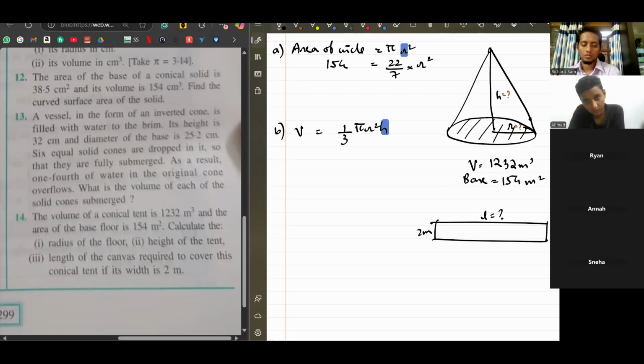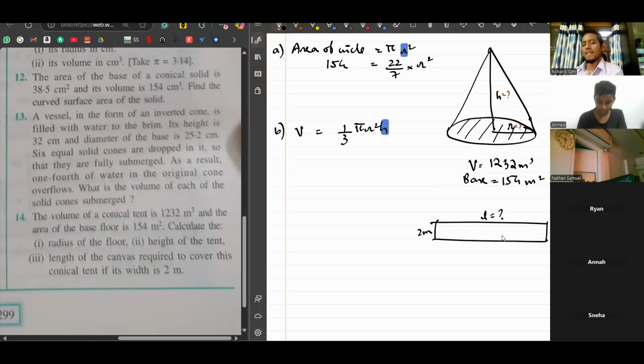Sir, r square is 1, so r will be 1 only, no? Yeah. Yes, r square is 1. You got 7. Okay. Area, no? You're covering the outside.